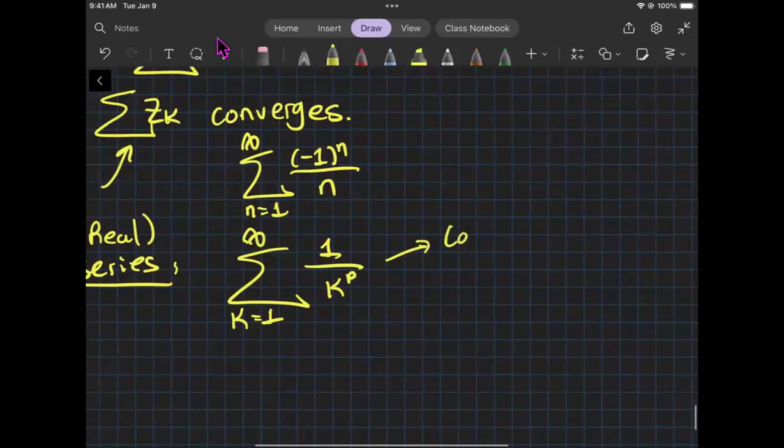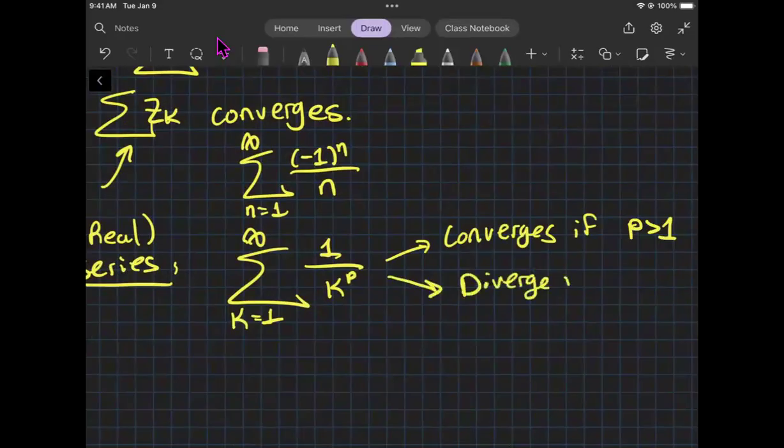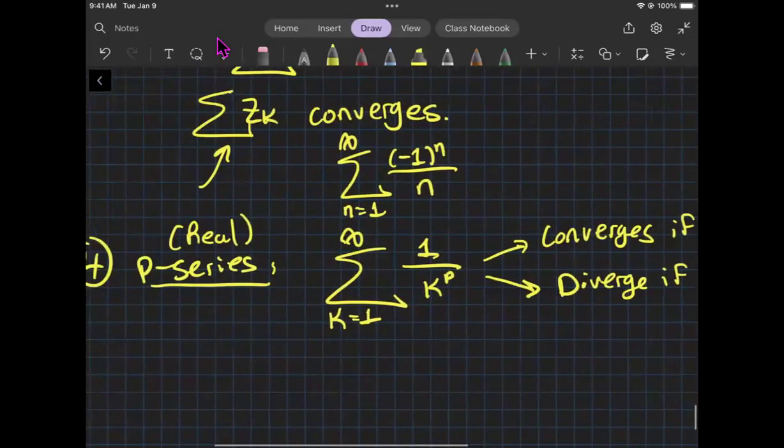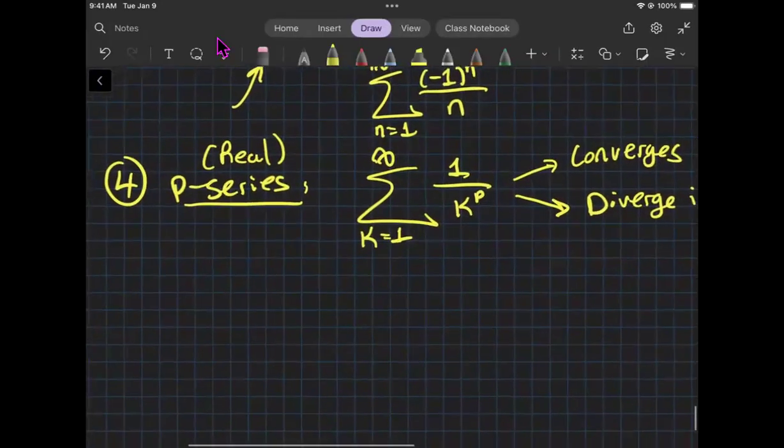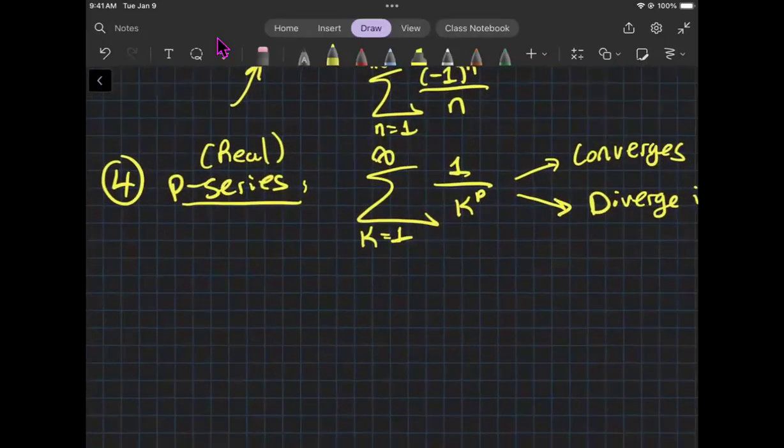So this series converges if the exponent number p is bigger than 1, and this series would diverge if the exponent number p is less than or equal to 1, right? So this deals with an application of a test for series in the real numbers called the integral test, right?